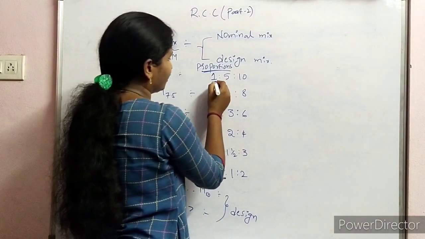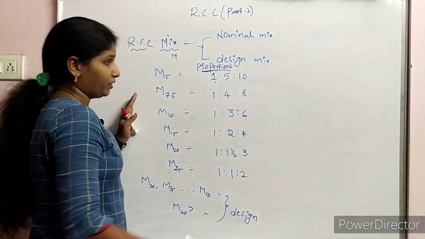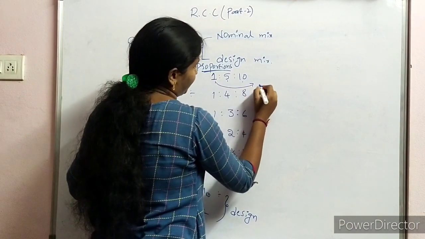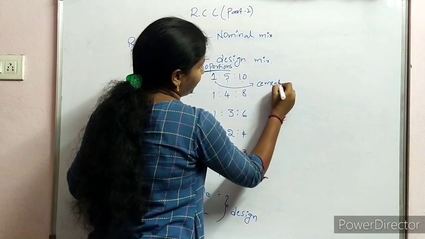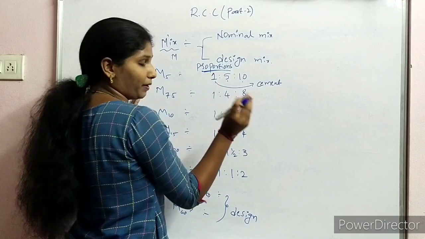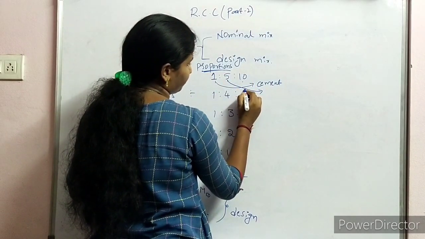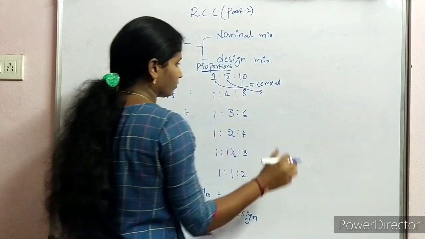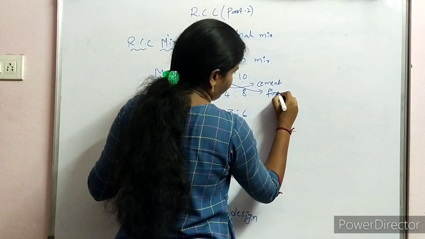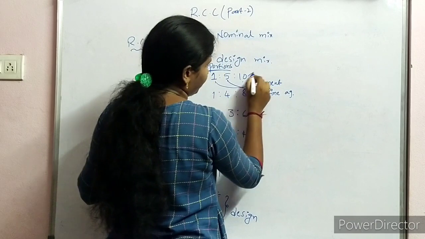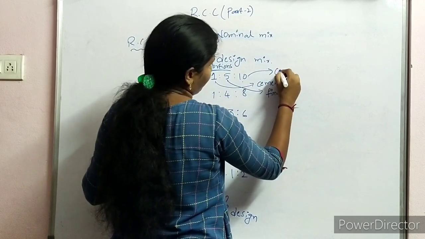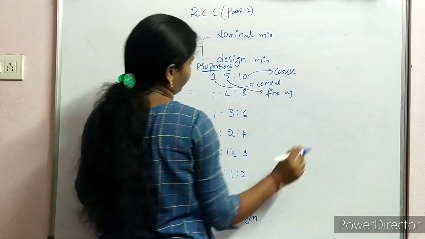In this, what do 1, 5 and 10 mean? Here 1 means 1 part of cement, 5 means 5 parts of fine aggregate, and 10 means 10 parts of coarse aggregate.